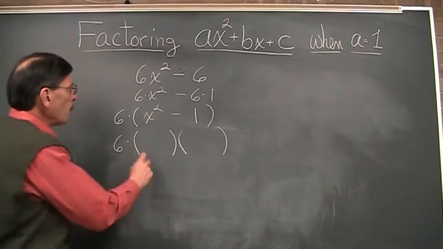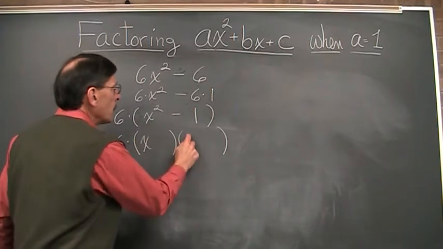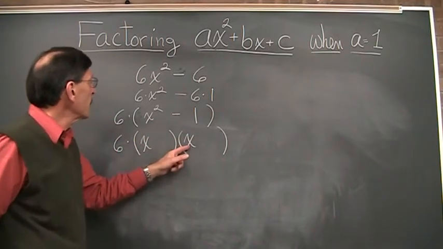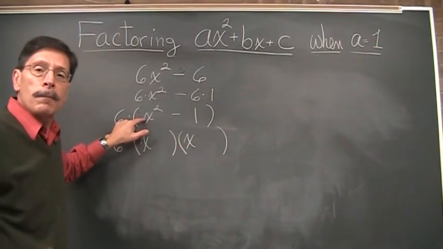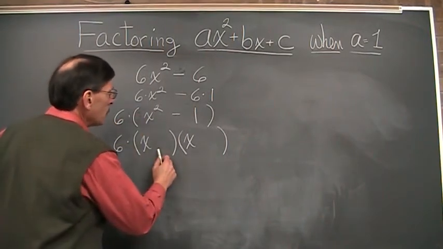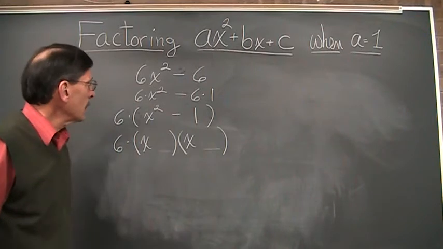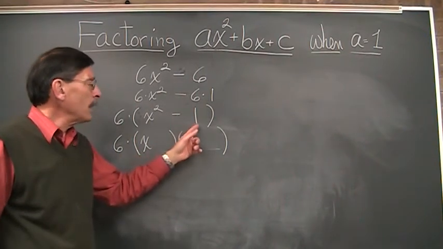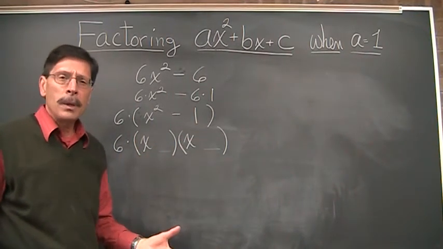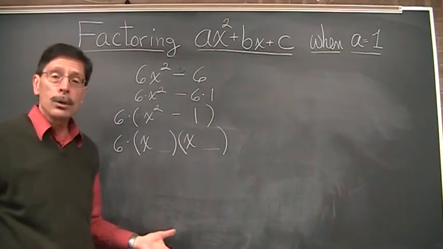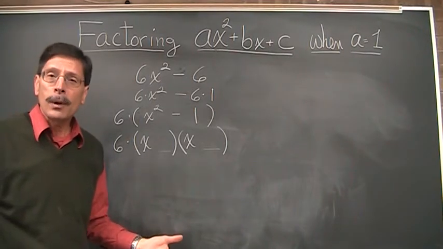Well, I know by the FOIL rule, first times first gives me x squared. My job now is to try to come up with a pair of numbers that multiply to give me -1, but add to give me, there is no middle term. There's no x term.